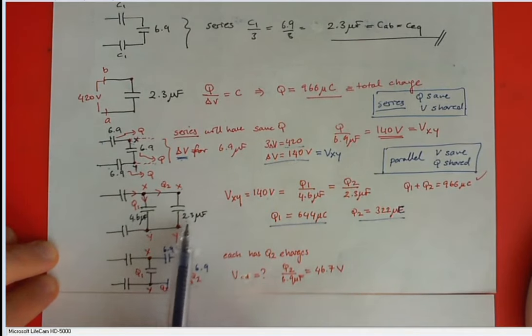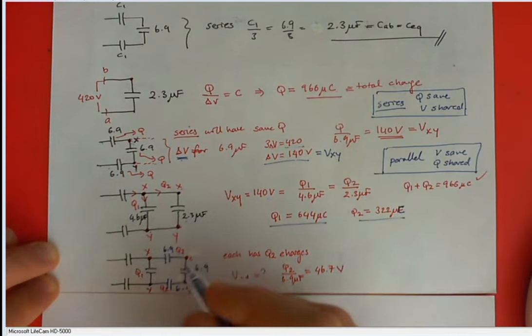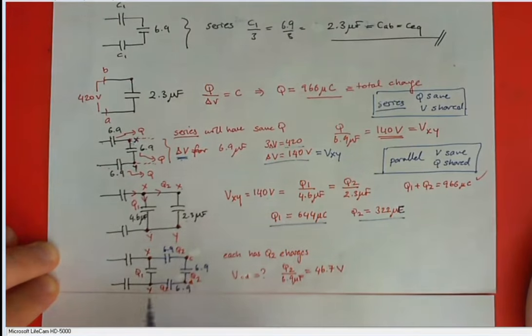So 2.3 comes from 6.9, 6.9, 6.9 being in series. The question also asks, these are XY points, what is the potential between points C and D? Let me write out what VCD is.